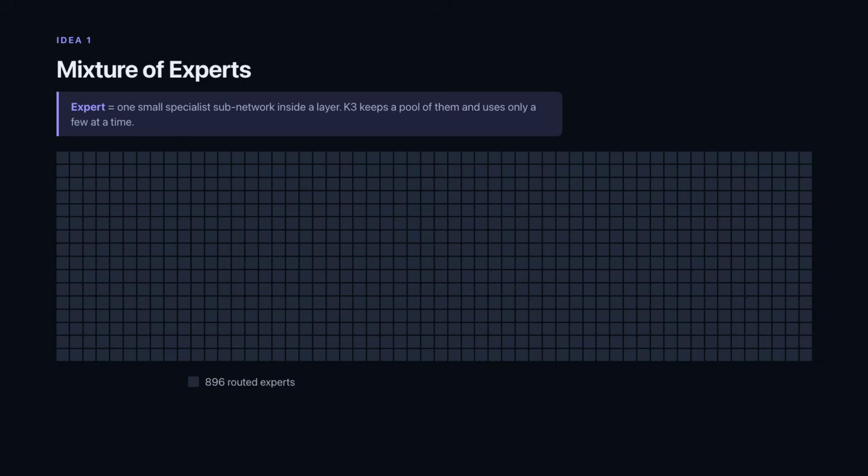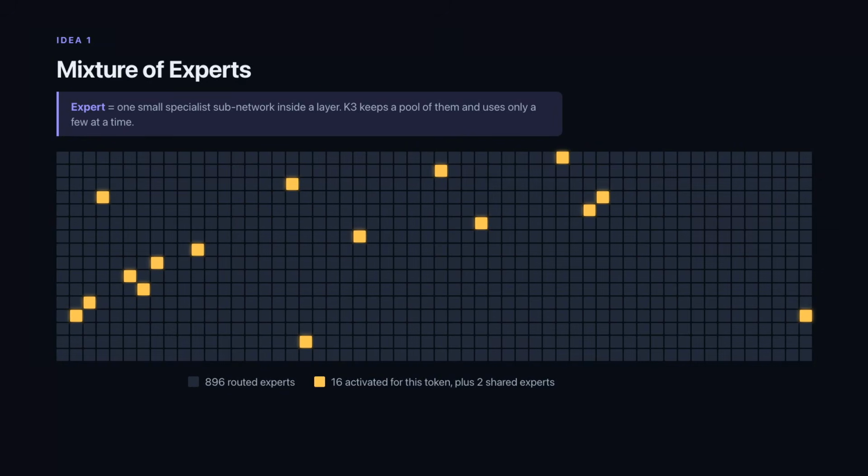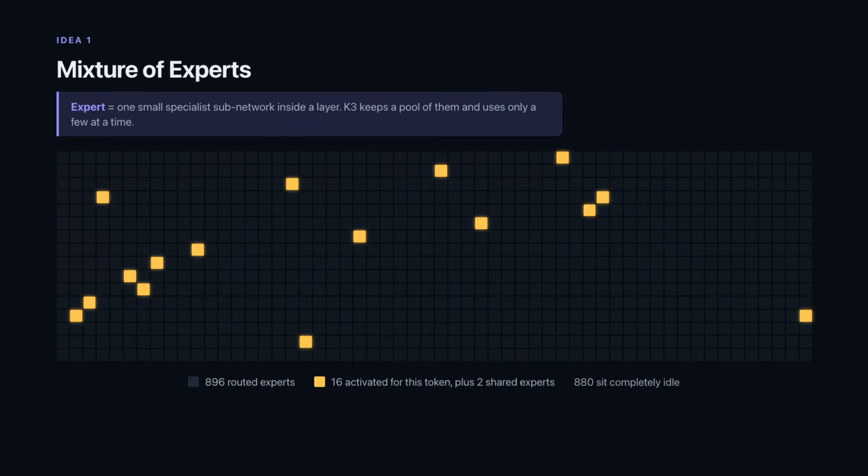K3 follows the same idea. It contains 896 routed experts, and every square you see here is one small specialist subnetwork. But for a single token, the model switches on only 16 of them, alongside shared experts that are always on. Which means 880 of those routed experts sit completely idle for that token.